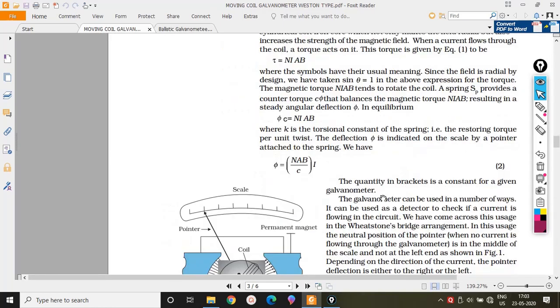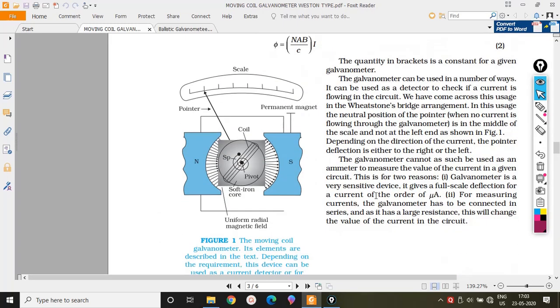How? Let us see. So you will see that this is the picture. Here you have a coil, and this coil is of several turns, and this coil of several turns is wound over a frame.